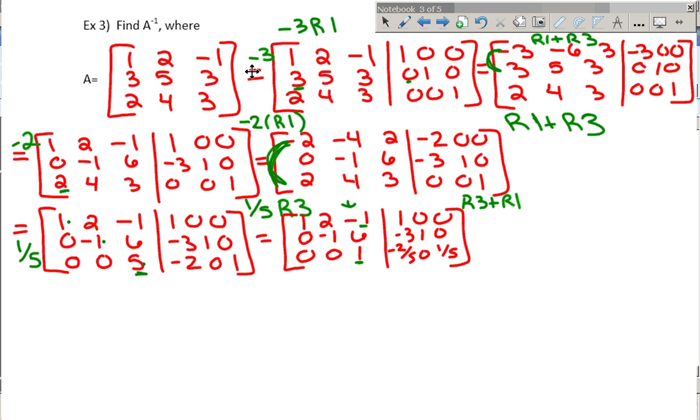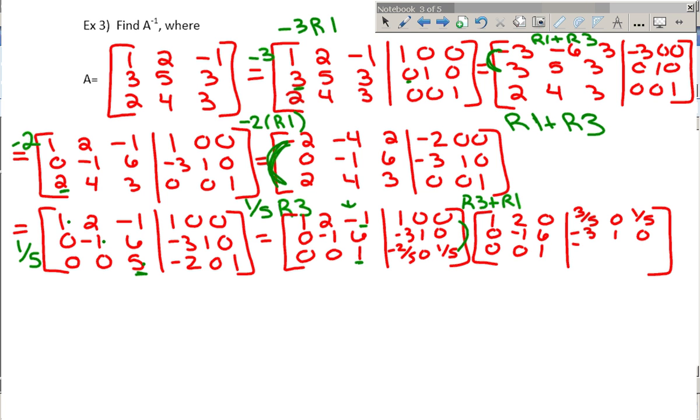When I add these together, I get 1, 2, 0, 3 fifths, 0, 1 fifth. Row 2 has not changed: 0, negative 1, 6, negative 3, 1, 0. And row 3 hasn't changed. We're on a really good track here.